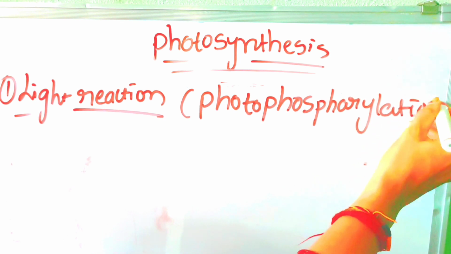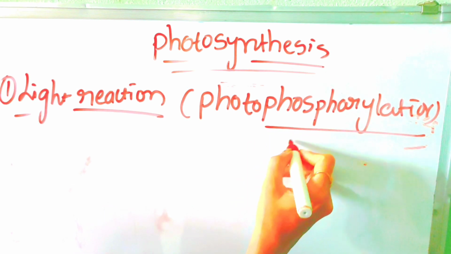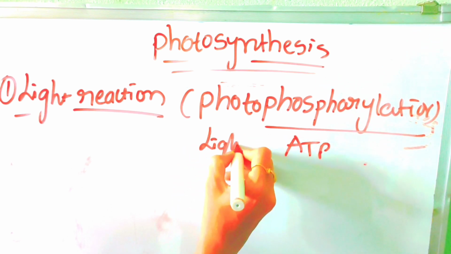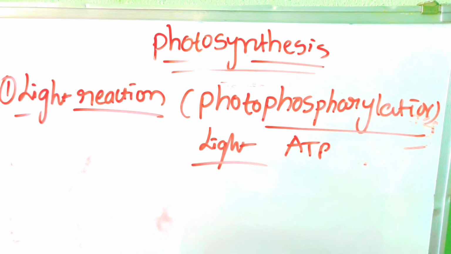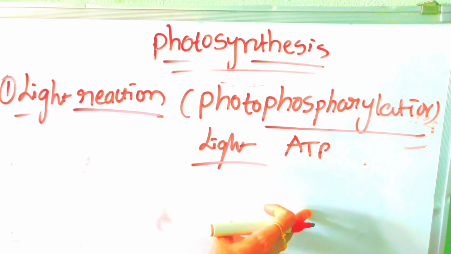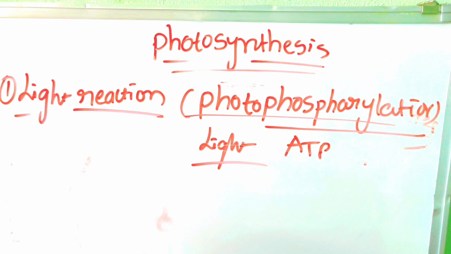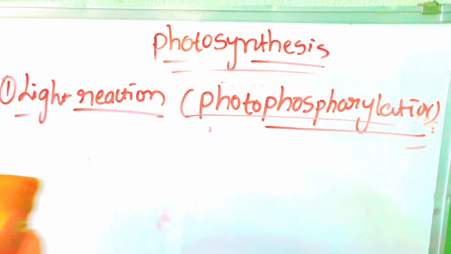What is photophosphorylation? The synthesis of ATP in the presence of light. In the presence of light, ATP is synthesized. So another name of the photosynthesis light reaction is called photophosphorylation. This reaction is again divided into two types.